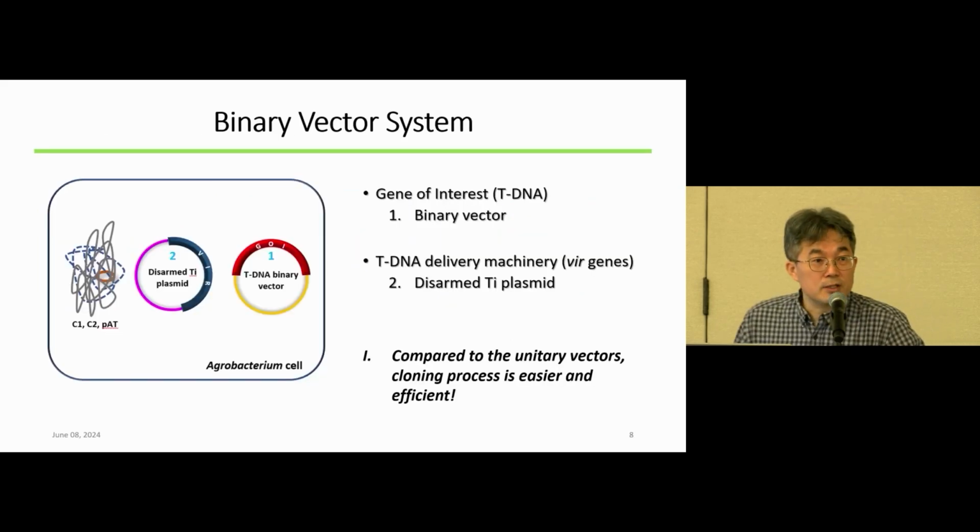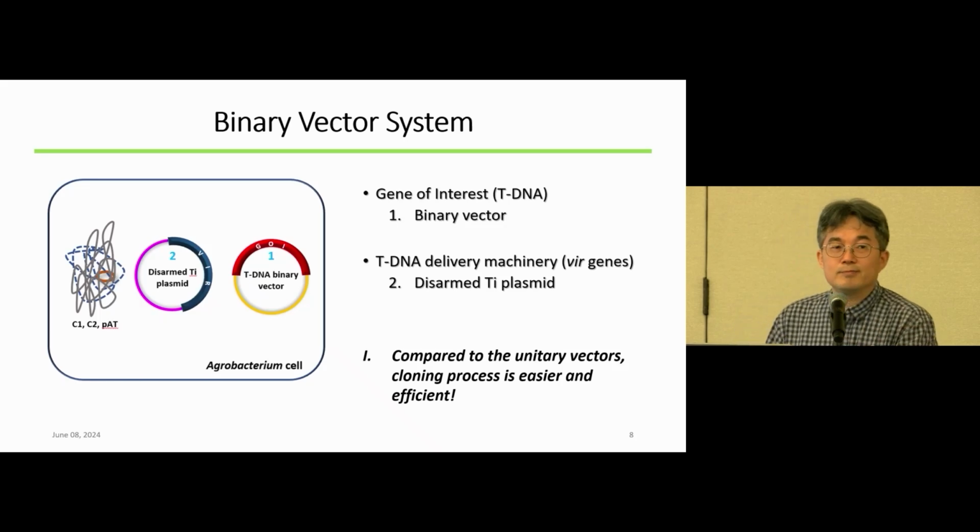The binary vector was developed about 40 years ago, right? It was based on the fact that if you put the T-DNA border sequences, left border and right border, on the chromosome or on a separate plasmid like a binary vector, you can transfer that fragment into the plant cells. That was the key finding. If you put it on a separate plasmid, your cloning process is much easier to manipulate.